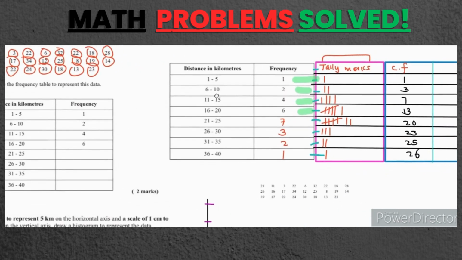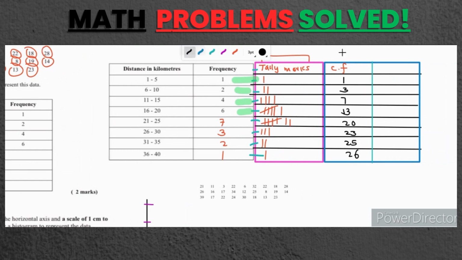Then here we will write the upper class boundaries, right? What's the upper class limit here? It's 5. So the upper class boundary will be 5.5. It's 10, it will become 10.5. It will become 15.5. It will become 20.5.